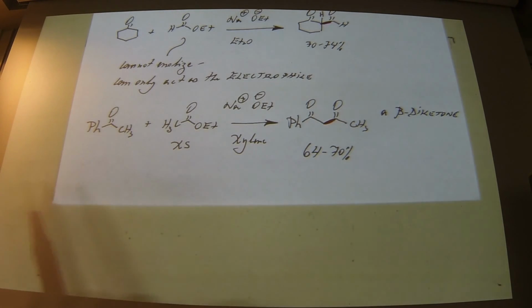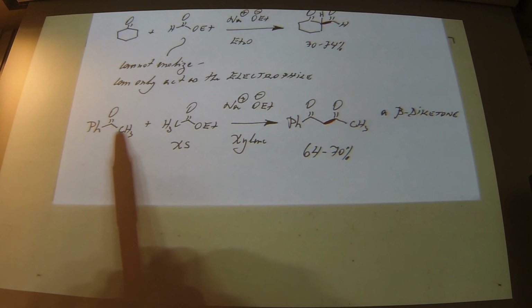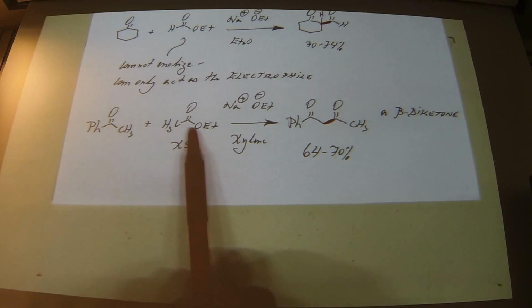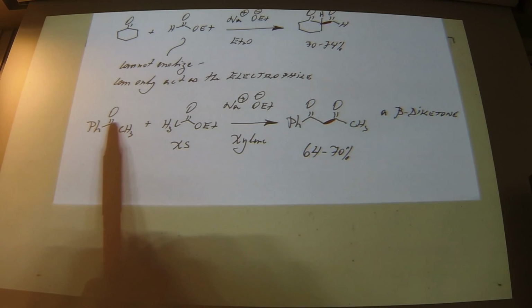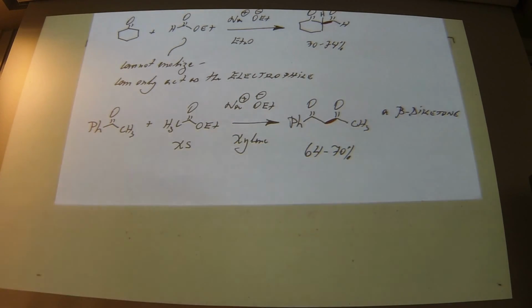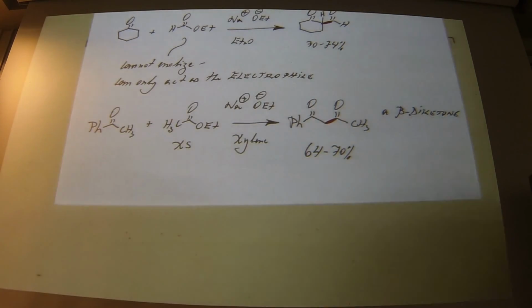Now this works really well for the following reason: it's much easier to form the enolate of the ketone. It's much harder for the ester because there's a huge difference in pKa between this proton and that one. And so the only enolate we form is this one. And that suppresses any kind of the regular Claisen product. And so you can use the difference in pKa's to drive the reaction one way or another.